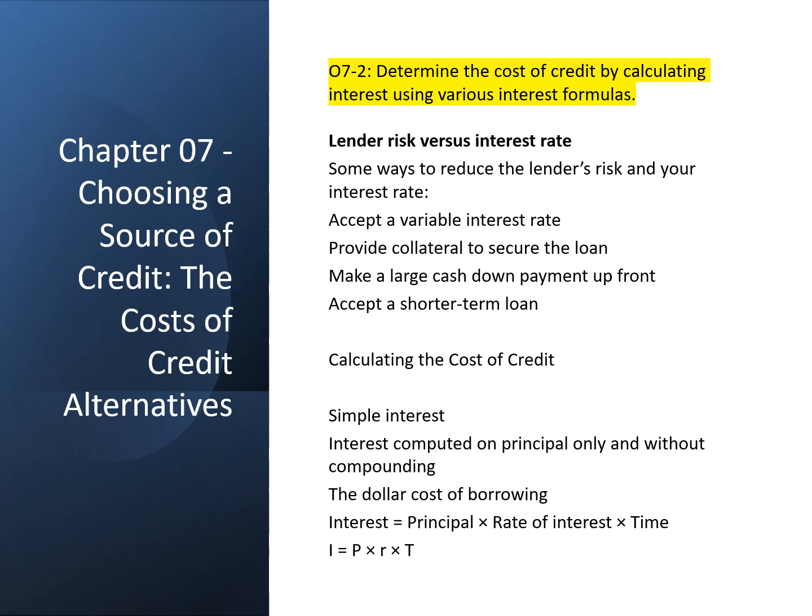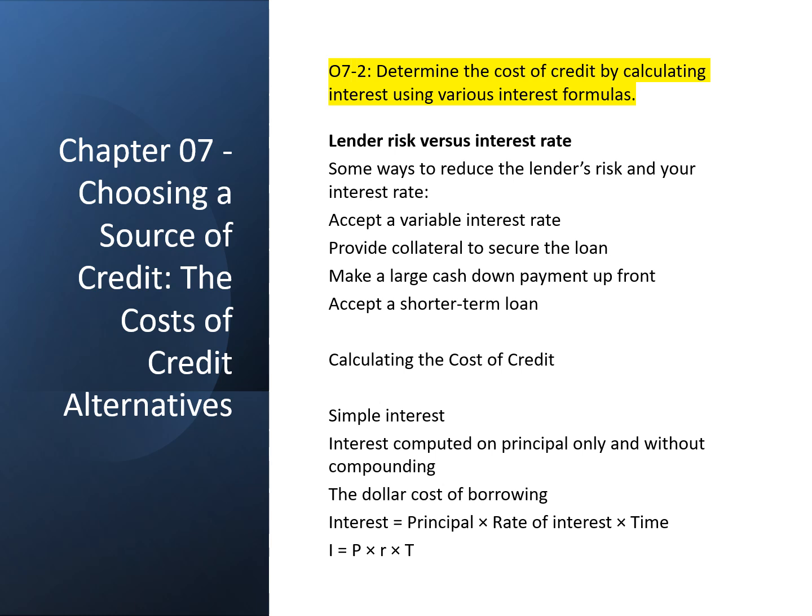Some ways of reducing the lender's risk are to accept a variable interest rate, which is typical with credit cards and also mortgages, like the adjustable rate mortgage, or ARM. Others are providing collateral to secure the loan, making large cash payments up front, and accepting shorter term loans. Remember time value of money: the longer you're away from your money, the higher the interest rate you're going to receive, and that you're expected to pay on the other side.